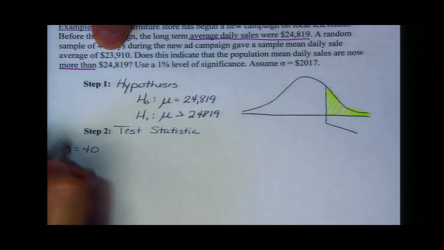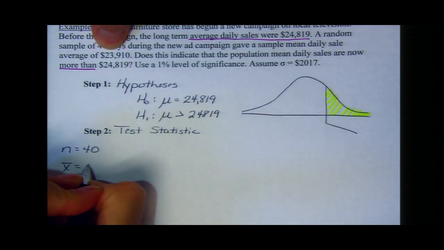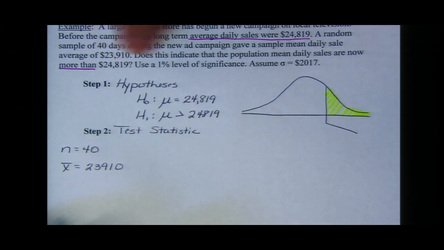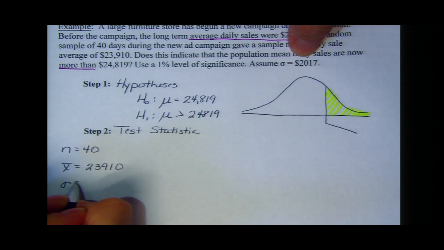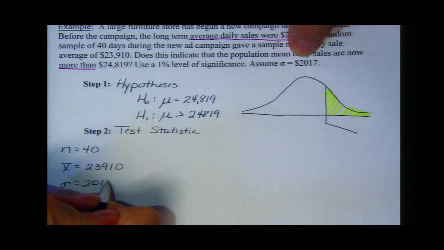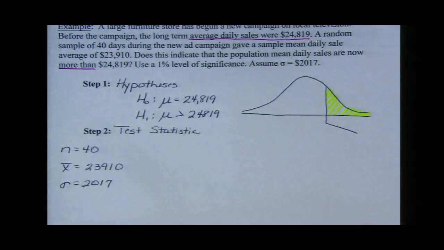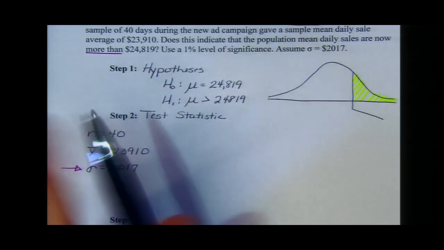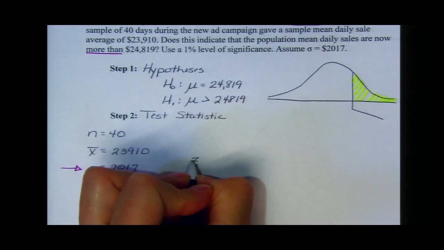And that 40 had an average, or x bar, of 23,910. And it tells me that sigma is 2,017. Because I have the population standard deviation, I know I am calculating a z-value.